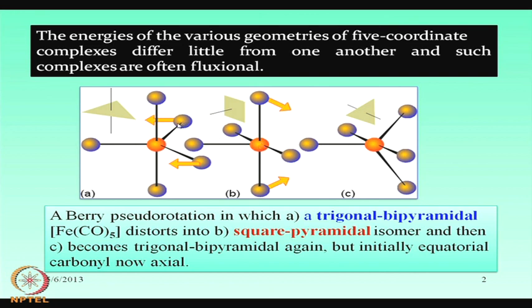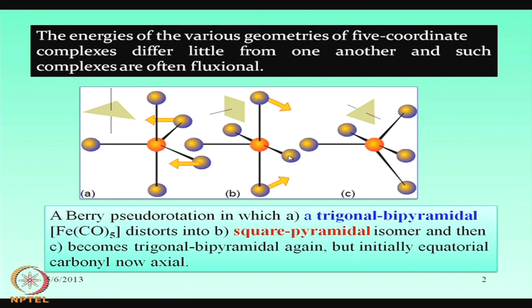Initially, when they are present in this trigonal bipyramidal geometry, this carbon iron carbon bond angle is 120 degrees, and due to the movement we are increasing the corresponding bond angle between carbon iron carbon from 120 degrees to 180 degrees. It has become 180 degrees in this particular situation, and at this point the geometry is changing.